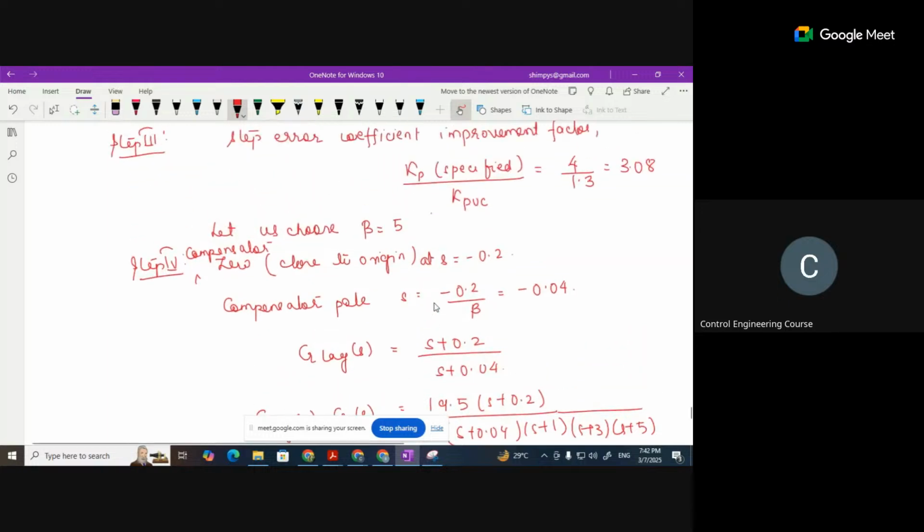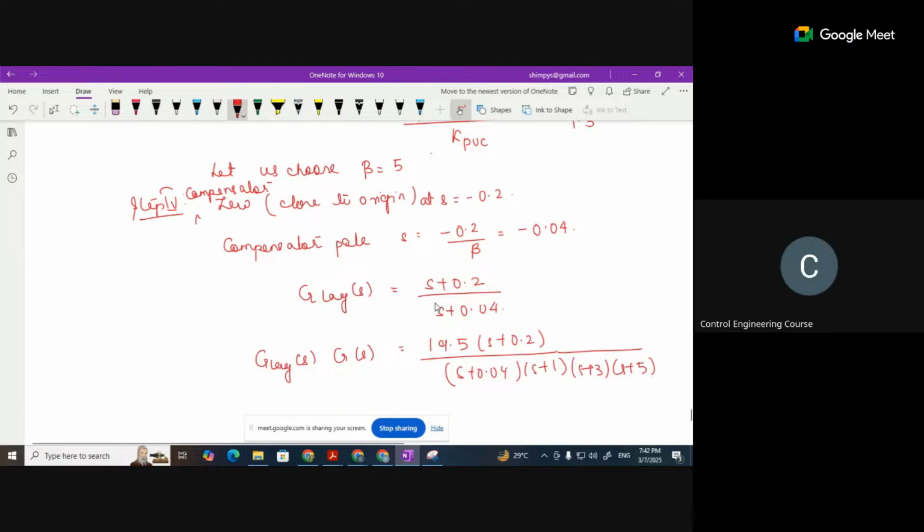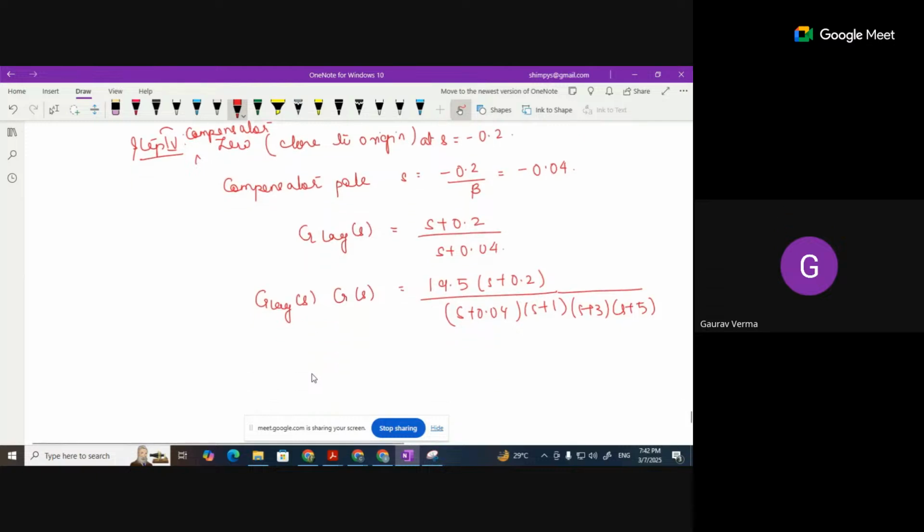And what will be the step error coefficient? Here, the uncompensated error divided by 5, how much will it come out to be? What was the uncompensated error? Or you can find it like this also.